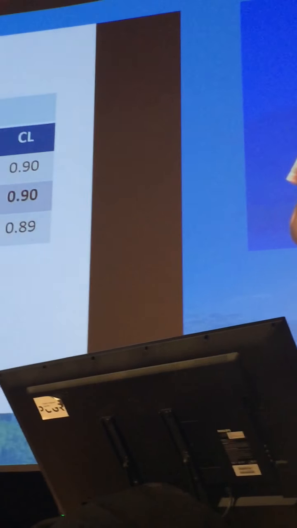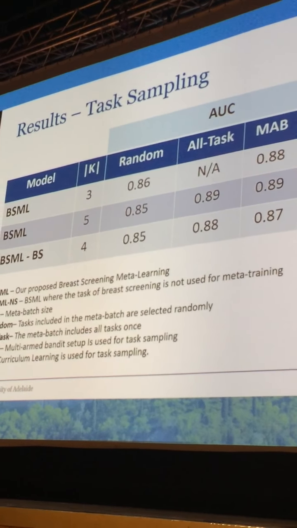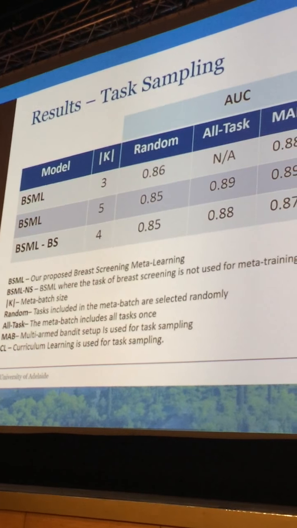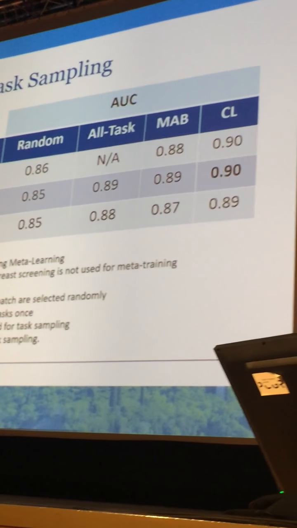We also evaluate our model to check the task sampling. In the first two rows, it's the same model, the only difference is how many tasks we have selected at each iteration of the meta-training phase. We can see that if we sample the tasks randomly, we have a performance that is similar to the performance of the baseline.